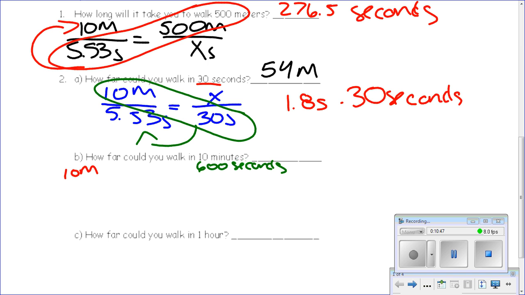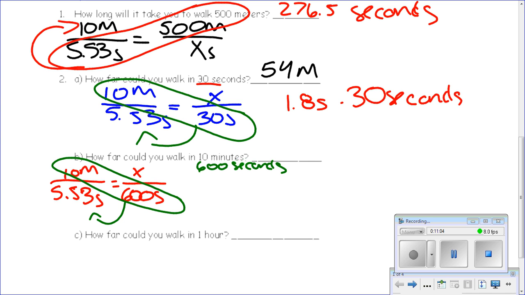10 over 5.53 equals x over 600 seconds. So we can cross multiply this. Or, Ava, like you were just telling me, what is the other way we can do it?